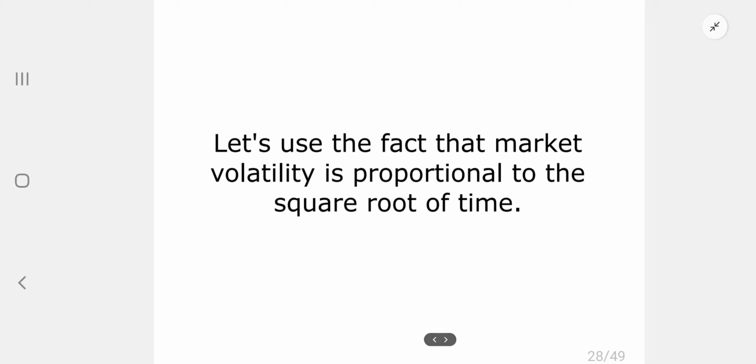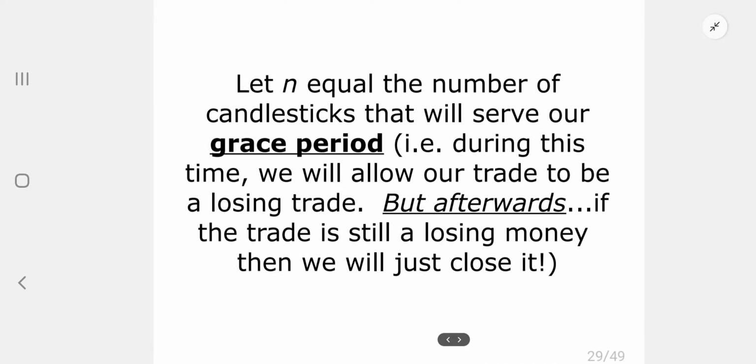Let's use the fact that market volatility is proportional to the square root of time. Let n equal the number of candlesticks that will serve as our grace period, i.e., during this time, we will allow our trade to be a losing trade. But afterwards, if the trade is still losing money, then we will just close it.